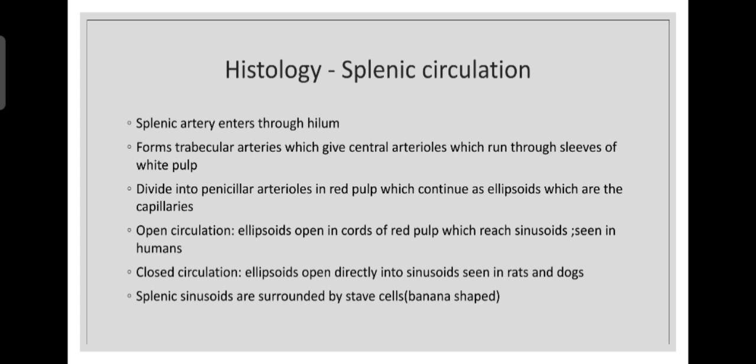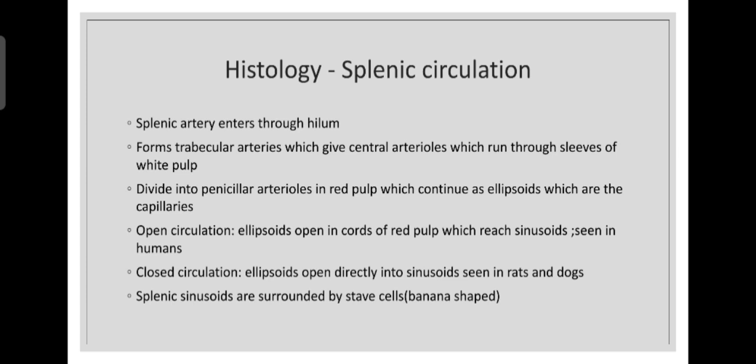Then after reaching the deeper structures, that is the red pulp, it will divide into penicillar arterioles, that is smaller arteries in the red pulp, which continue as ellipsoids, which are the capillaries. Okay, ellipsoids are the capillaries. These arterioles divide into capillaries in the red pulp.